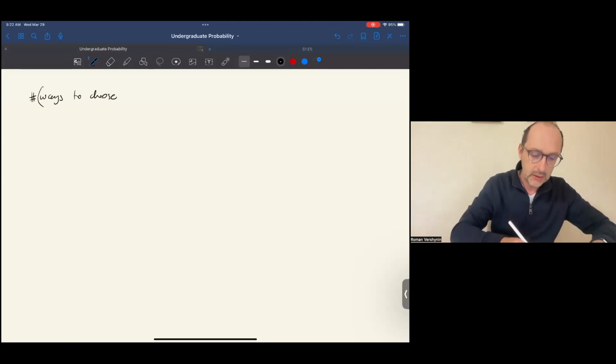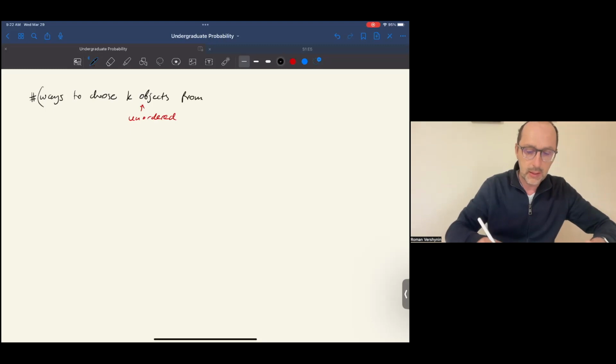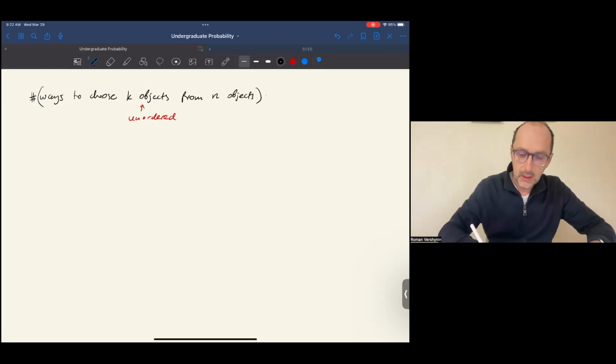Generally, we would like to choose k objects in no particular order from a set of n objects. We computed this, and the number was the number of ways to do that.